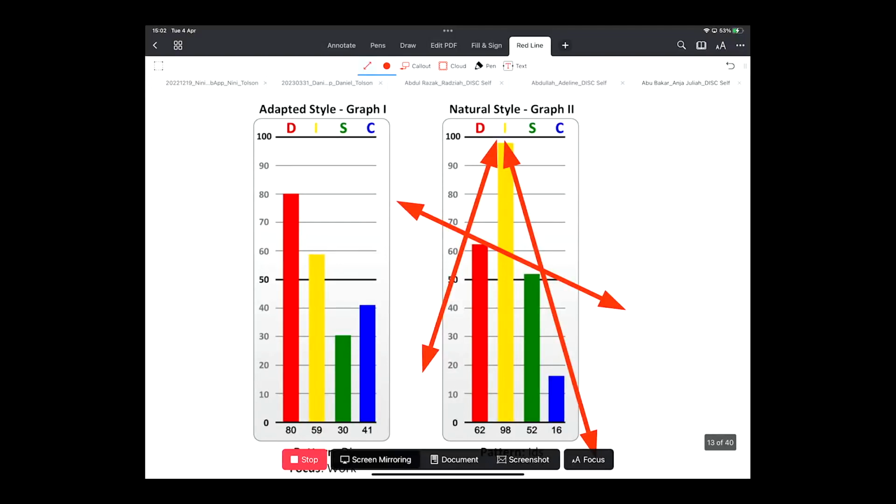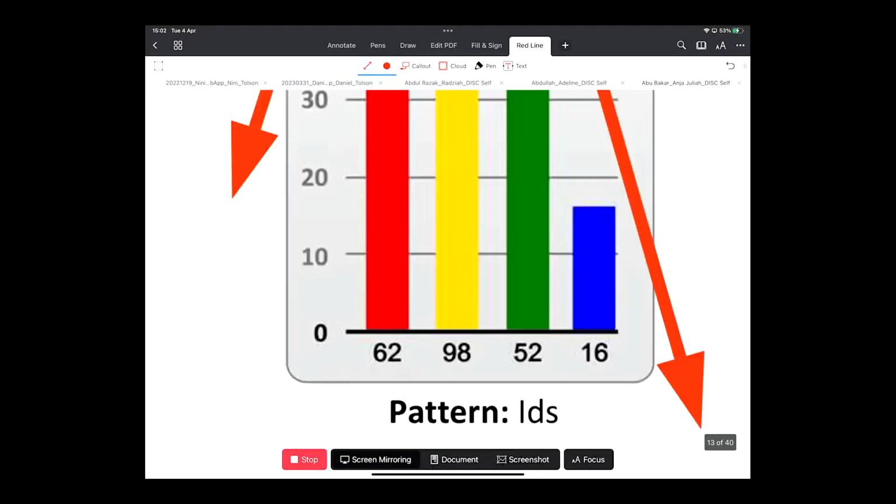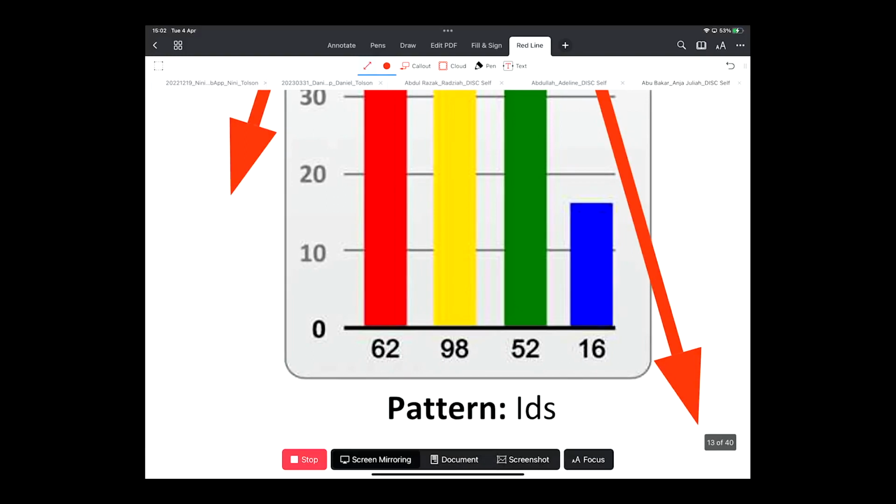So what we're going to do now is look at the tendencies between each of these styles. When you look at the screen, you'll see under each of the factors there's a score. Here, the D score is 62. The I is 98. The S is 52. And the C style is 16.